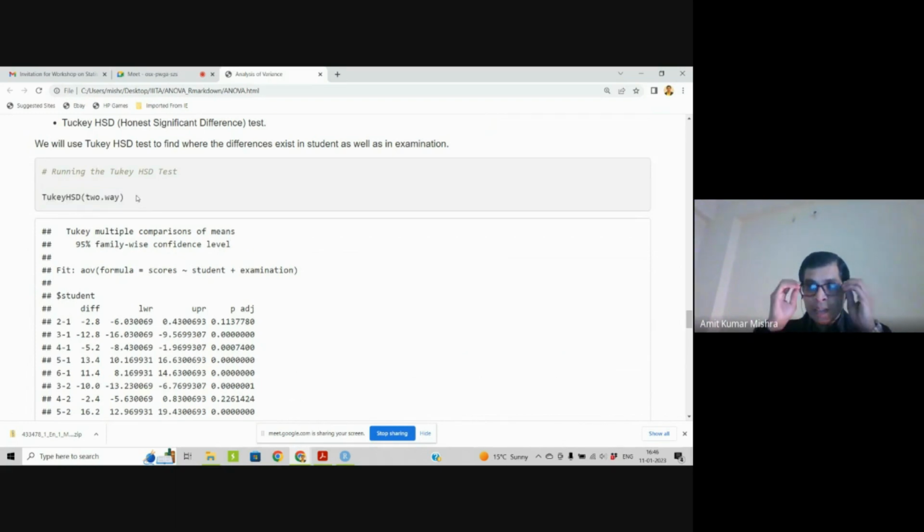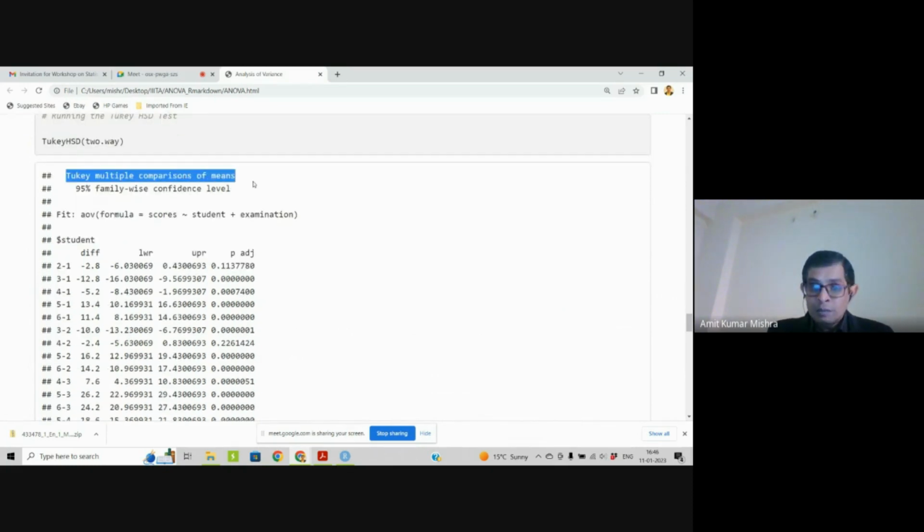If there is a pairwise comparison, that may inflate type 1 error if you use a t-test. So in Tukey HSD, the test is prepared in such a manner that type 1 error will not be inflated. I am not going into the theory. I am just going to discuss what the outputs are and how to interpret or read the output. So this is the output.